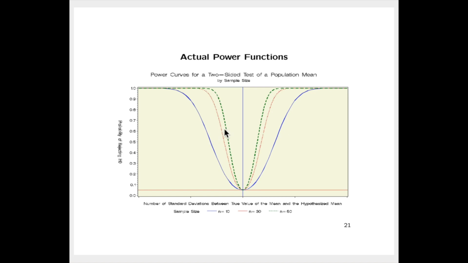Each of these 3 curves is a power function for a two-sided test of a population mean. In other words, the null hypothesis says that mu is equal to some value, mu naught, against the alternative that says that mu is different than mu naught. So these curves are for two-sided tests, and we have 3 curves because we're looking at 3 different sample sizes.